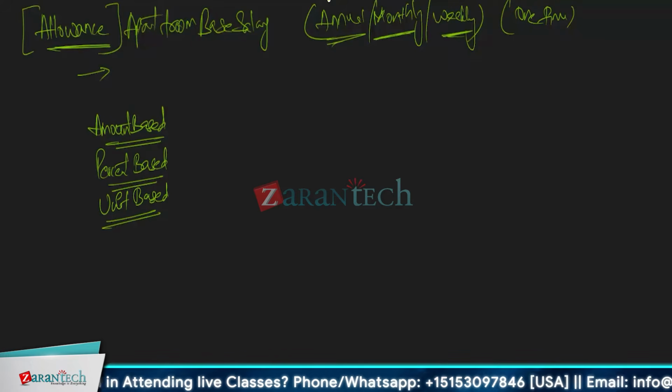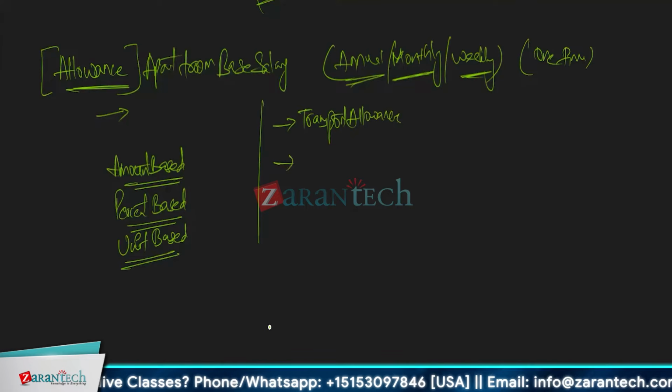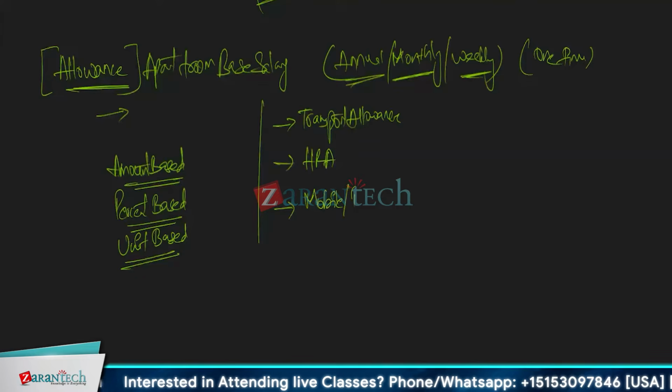So let us see what is an amount based, what is a percentage based, and what is a unit based. Now, what are some examples of allowance plans? Some companies provide something called transport allowance. Some companies provide house rental allowance called HRA. Some companies provide mobile allowance. You can reimburse for mobile and internet.